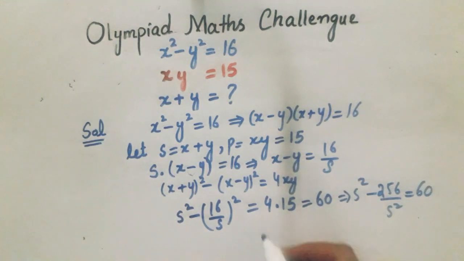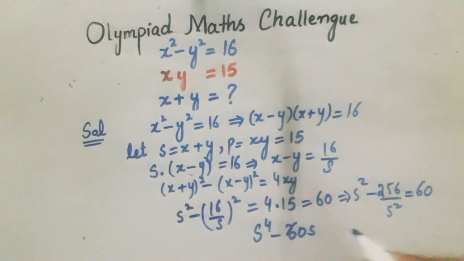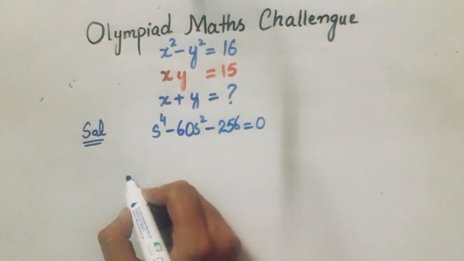Now this will become a quadratic equation like s to the power 4 minus 60s square minus 256 is equal to 0. Now we will apply the quadratic formula in this equation to get the answer.